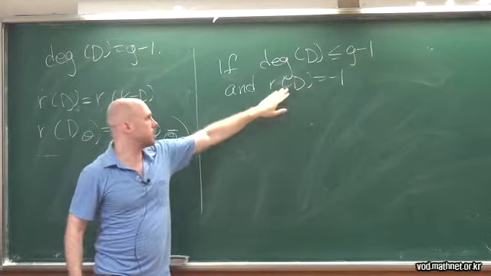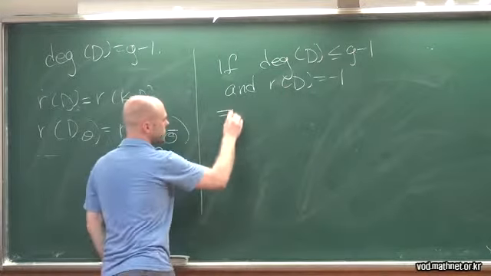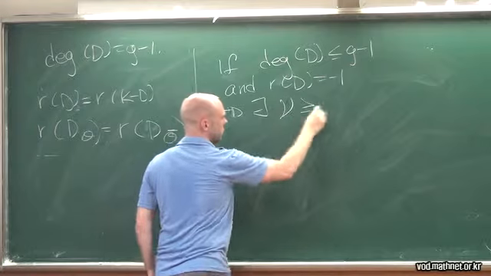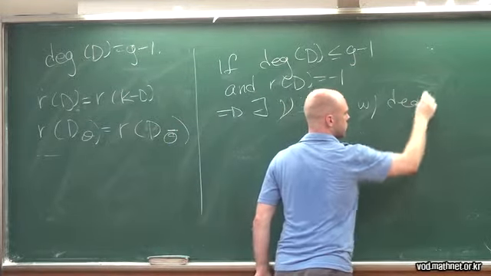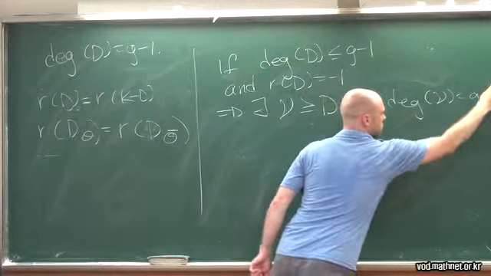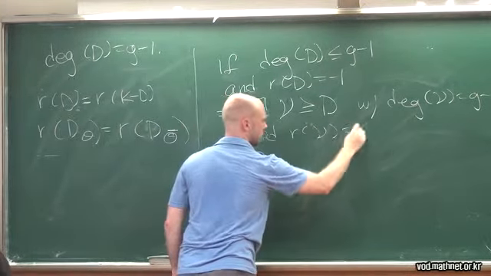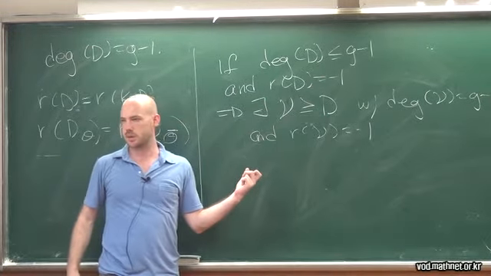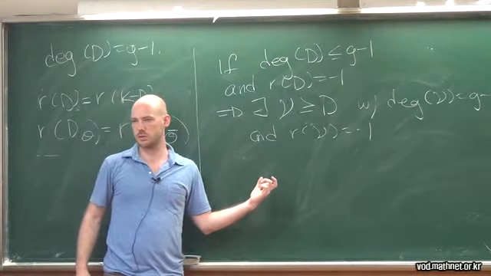So if you have at most g minus 1 chips and you have no winning strategy, then there exists some nu which dominates d, has exactly g minus 1 chips, and has negative rank still.